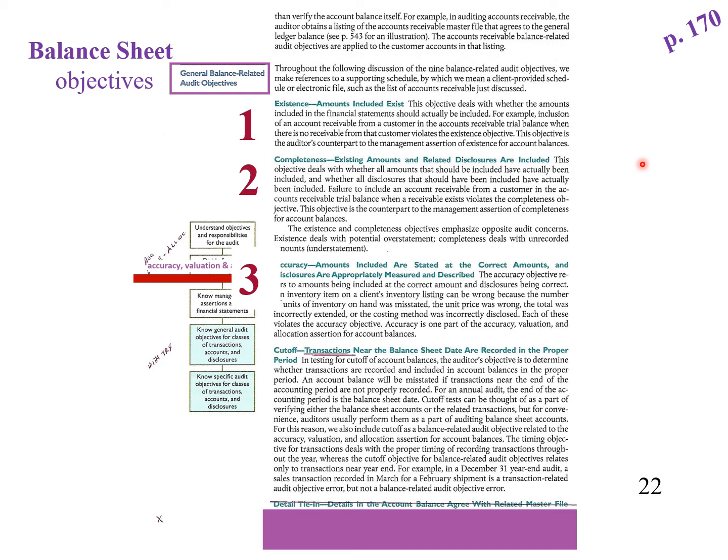How do we value inventory? Well, if it's LIFO, it's lower of cost or market. If it's FIFO or average cost, it would be lower of cost or net realizable value. And in 321, you learned those adjusting entries. Those are valuation accounts and allocations. So those are the big three for the balance.